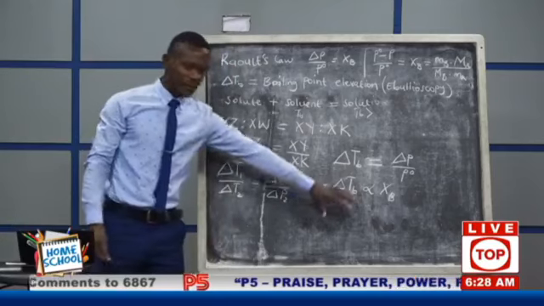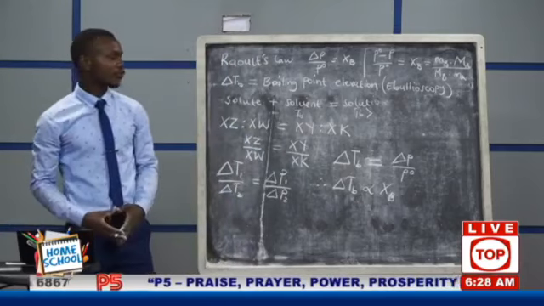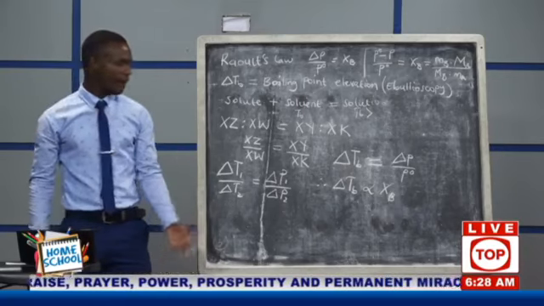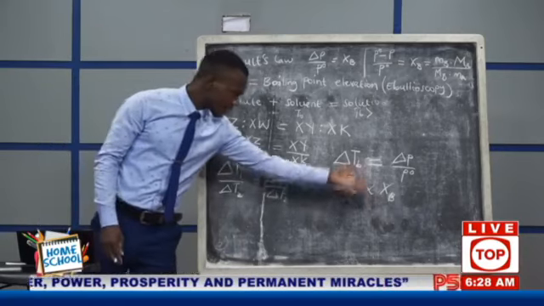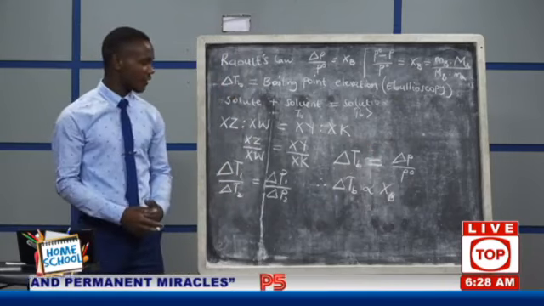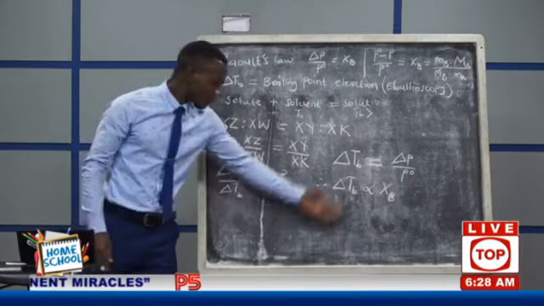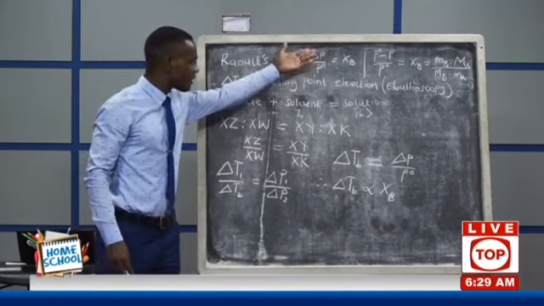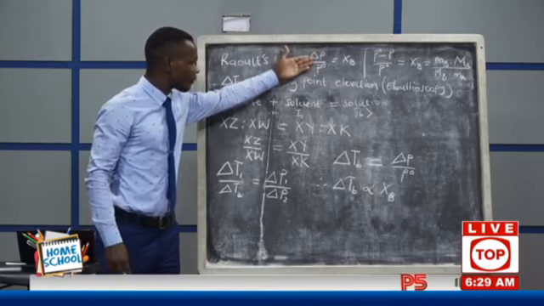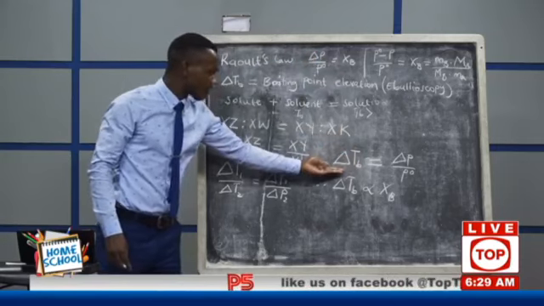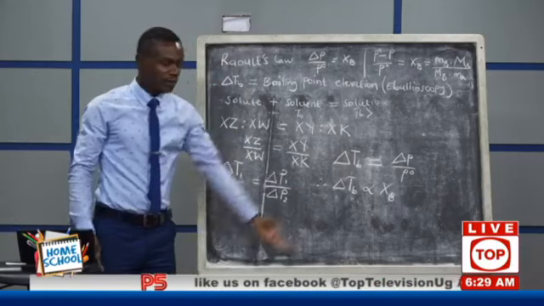So define your symbols. You can say, let the mole fraction of the solute be XB. Once you have this, you have compared this one with that one. You have seen that here you have relative vapor pressure lowering equaling mole fraction, and relative vapor pressure lowering equaling boiling point elevation.